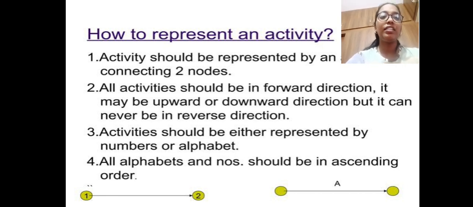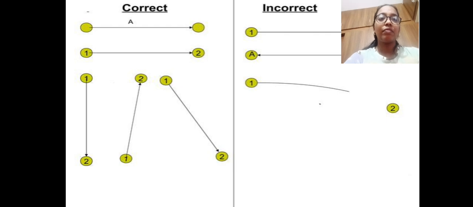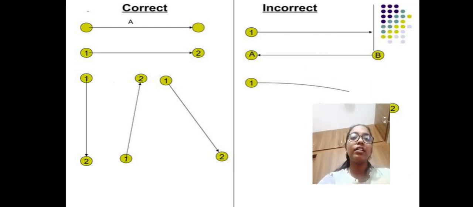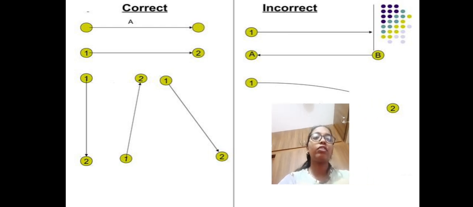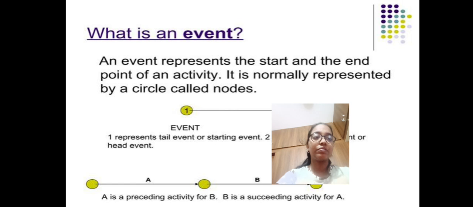Activities should be represented by numbers or alphabets. All alphabets and nodes should be in ascending order. So this is the correct network, and this is a wrong one, an incorrect network.